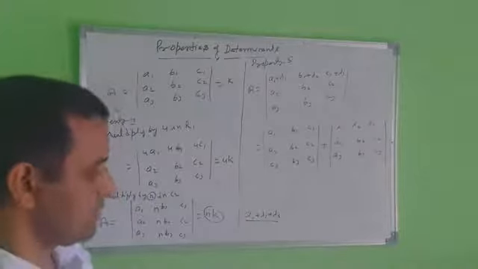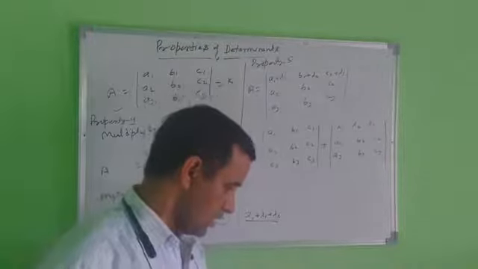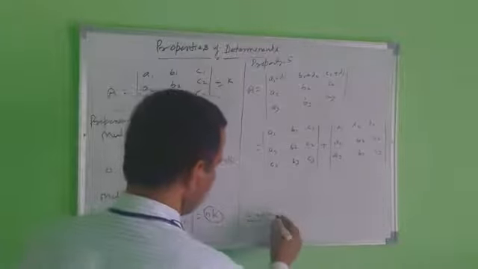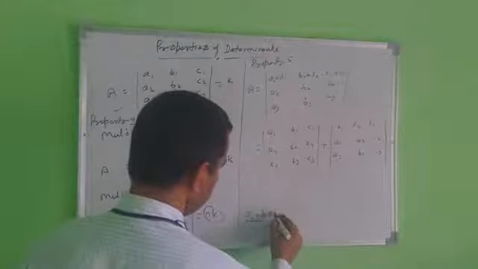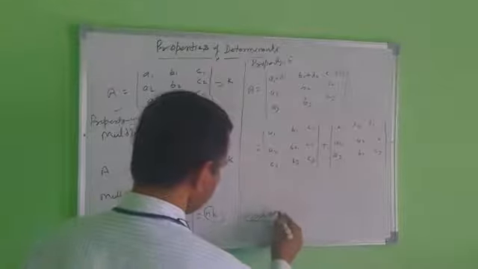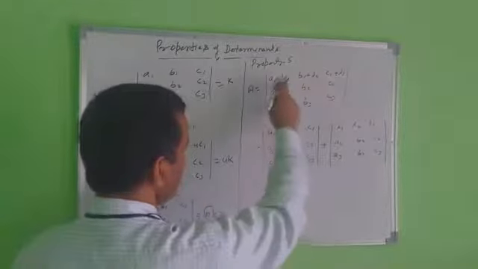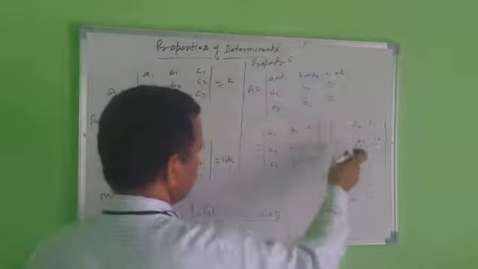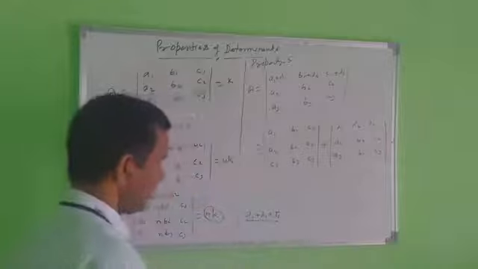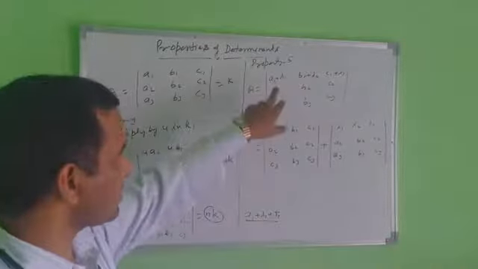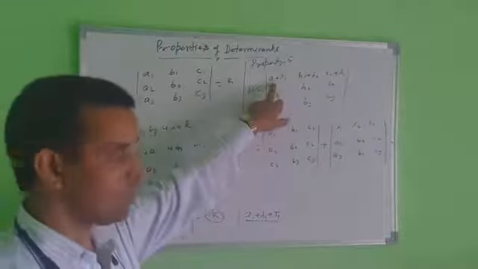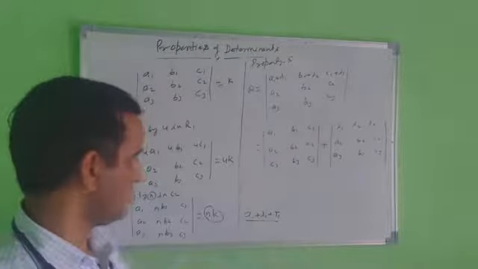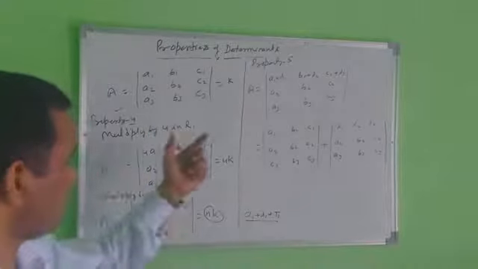Suppose any other element, lambda or delta or any number, suppose t1, t2, t3, then you can express it in 3 terms. However many terms are given in any row or column, you can express it in terms according to the given conditions. So property number 4 and property number 5 are completed.